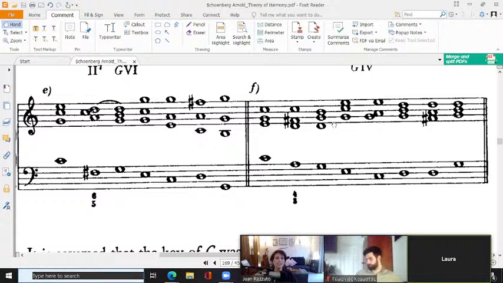Goes back here, yeah. Well, it's hiding in the tenor. Although if you have to choose, the G will be perceived more importantly in the upper register, in the upper part, because it's the soprano.